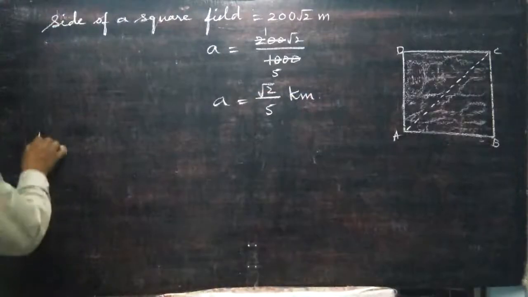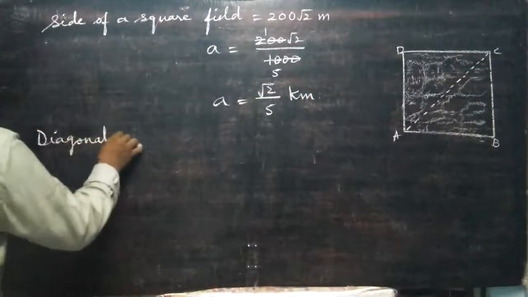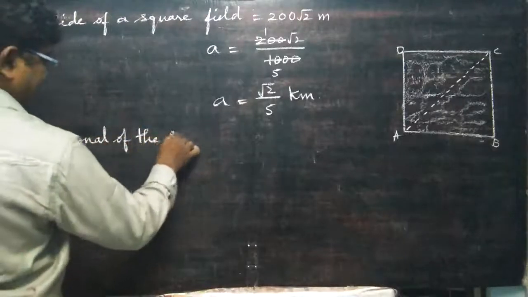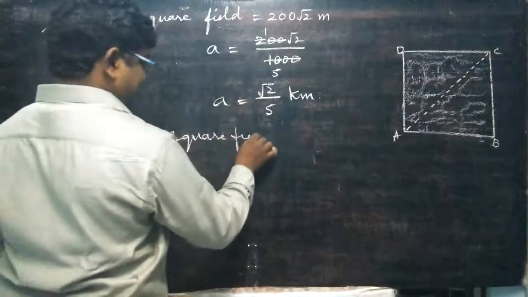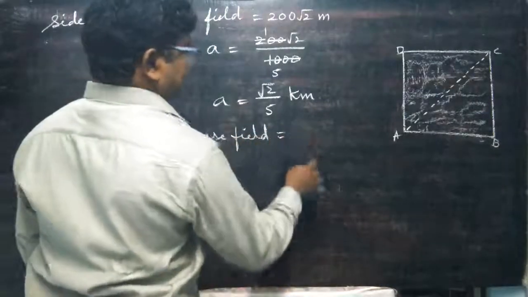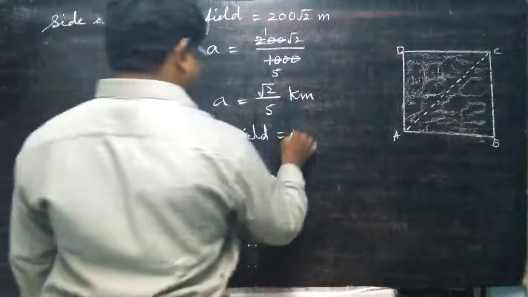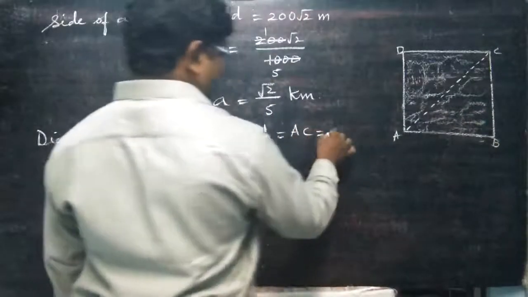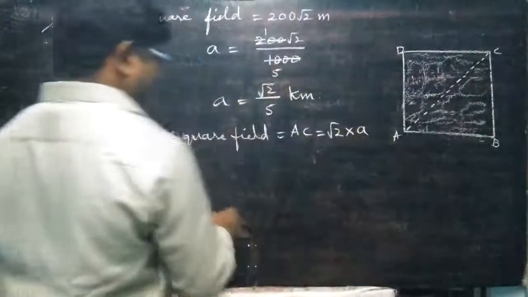Now find the diagonal of the square field. What is the diagonal of the square field there? AC. If you want to draw, you can draw BC also, BD also. AC is equal to root 2 into A, where A means the side of the square field.